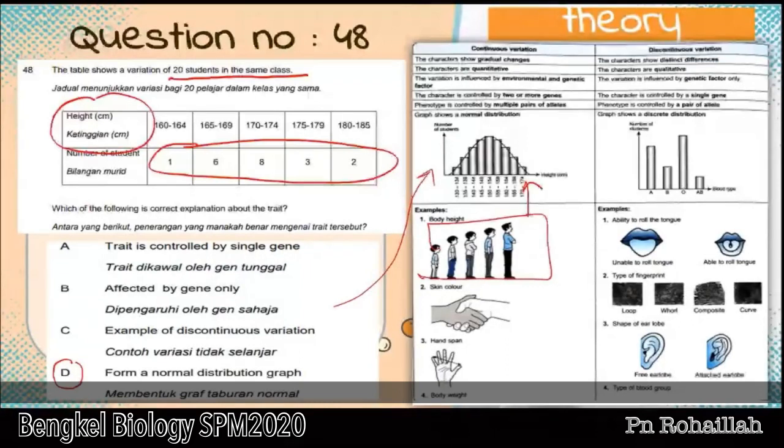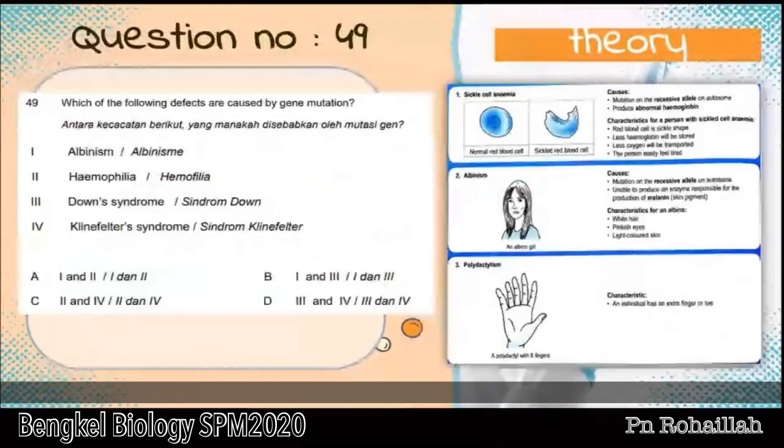Next, which of the following defects are caused by gene mutation? Albinism, yes, gene mutation because of the recessive allele. Hemophilia, yes, also because of the recessive allele.